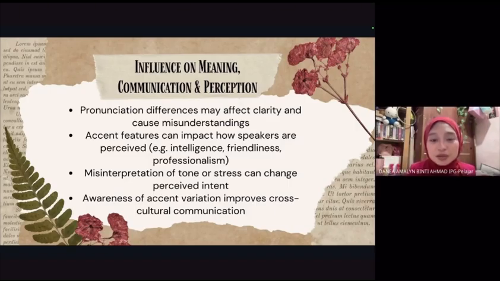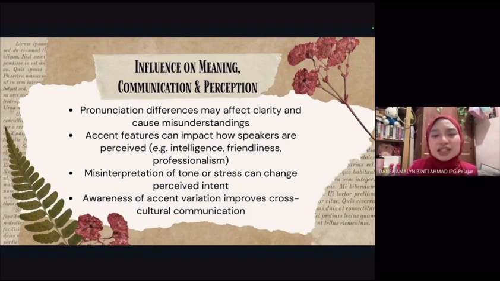For example, differences in vowel or consonant pronunciation like schedule and schedule, or tomato and tomato, may cause brief confusion. Especially for non-native speakers, this can affect the clarity of communication in a global context.